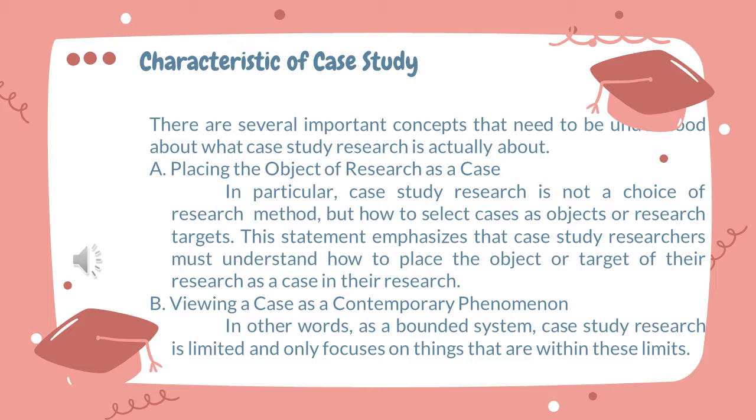In particular, case study research is not a choice of research method, but how to select cases as objects or research targets. This statement emphasizes that case study researchers must understand how to place the object or target of their research as a case in their research.